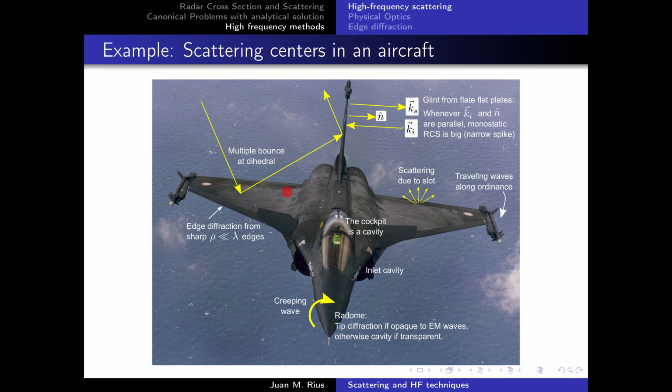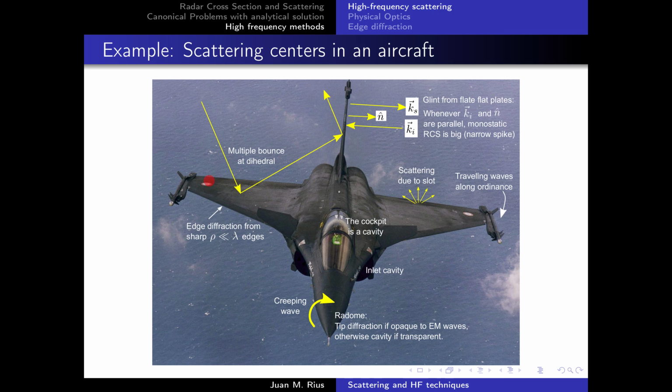In planar surfaces we also have reflections like this, multiple reflections. This is a case of double reflection at a dihedral. It is important because this also goes back to the radar. Double reflections at 90-degree dihedrals go back to the radar for any direction of incidence.